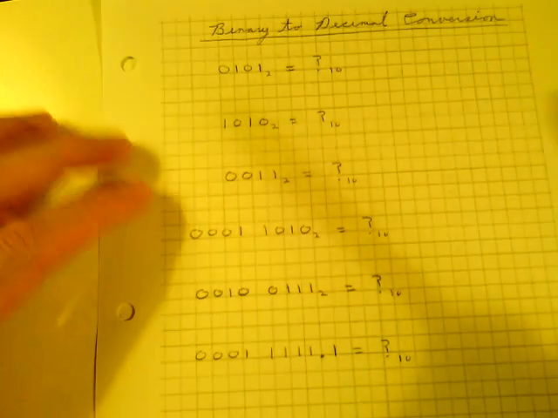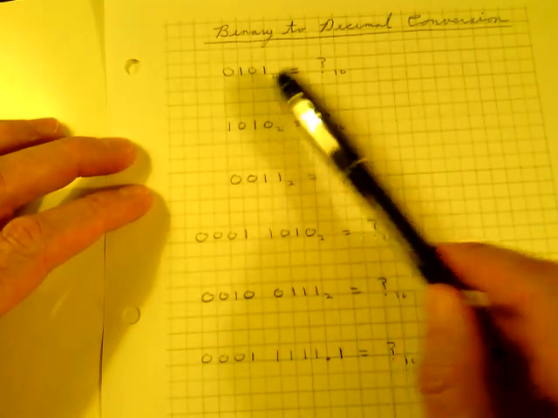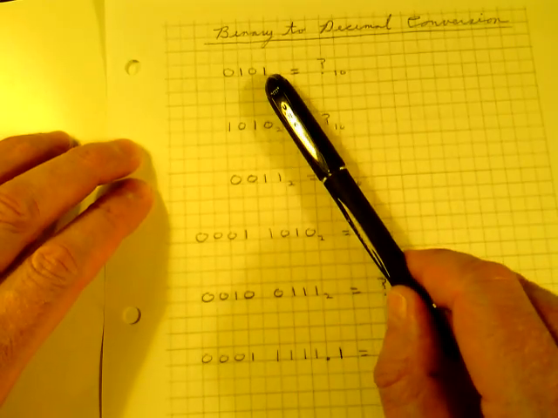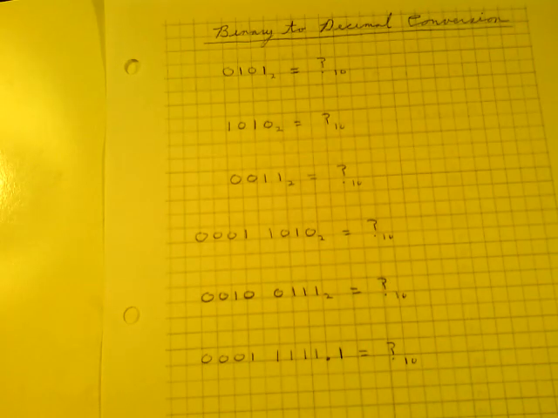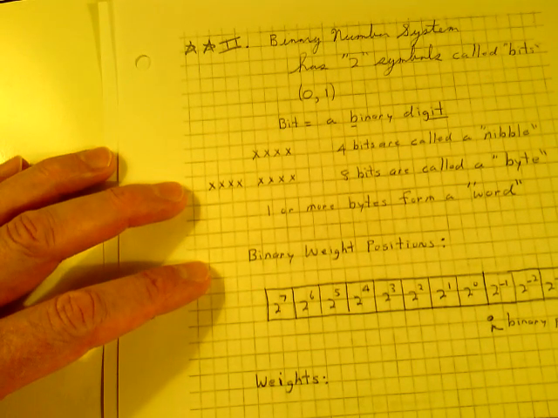So we're going to look on page number 11, and I want you to be able to convert each one of these. Convert this nibble, 0101, to a base 10 number. Well, if you take a look, 0101, if you write that in here, in the weight positions, we'll just do the nibble, 0101.